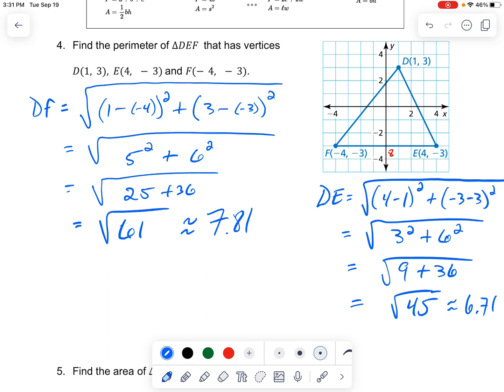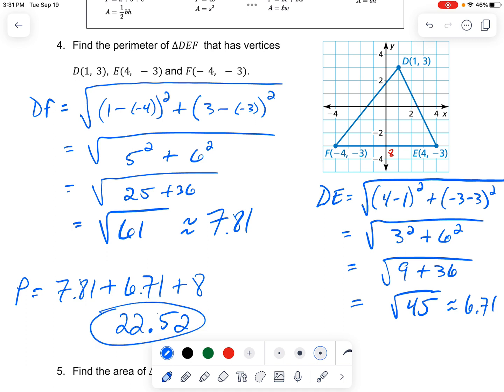So those are my 2 other sides, and to get the perimeter, I just add all of those up. So 7.81, 6.71, plus that bottom side is a whole number 8, and I believe we get 22.52 for the total perimeter.